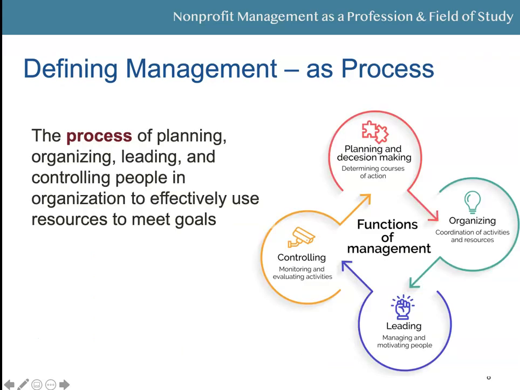So we can also define management as a process. You might be familiar with the 4 functions of management, the processes of planning, organizing, leading, and controlling people and resources to effectively meet the organization's goals. So when we talk about planning, we talk about determining a course of action.